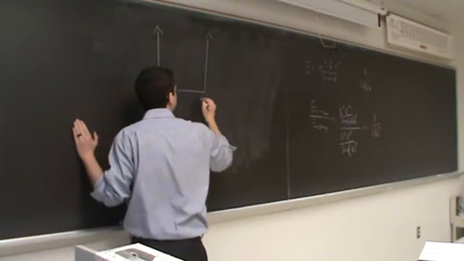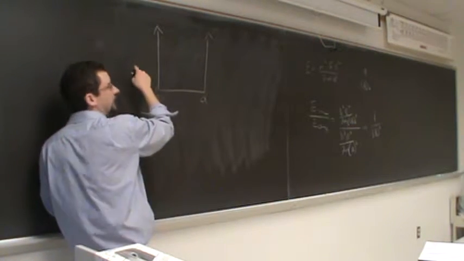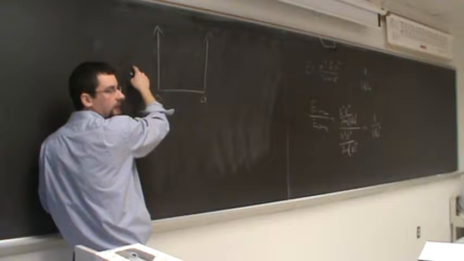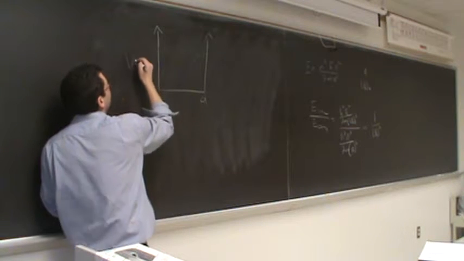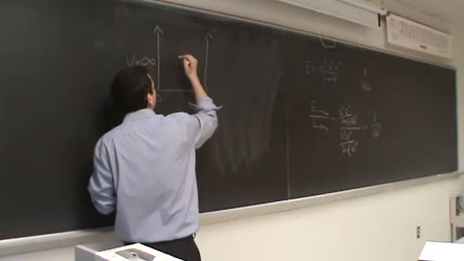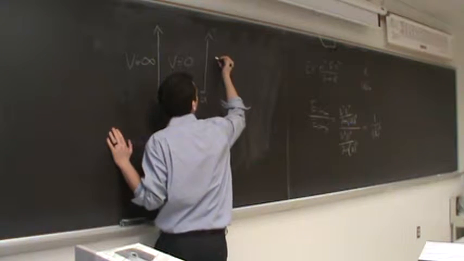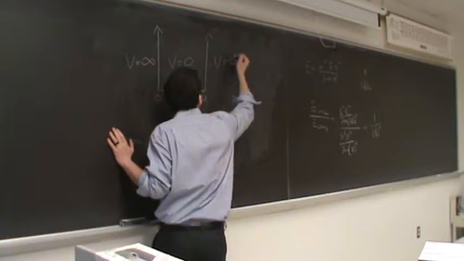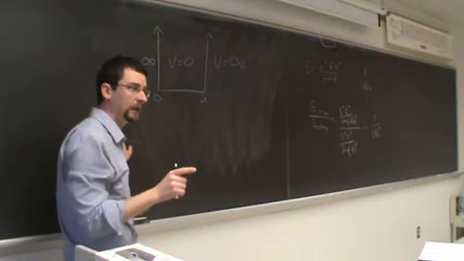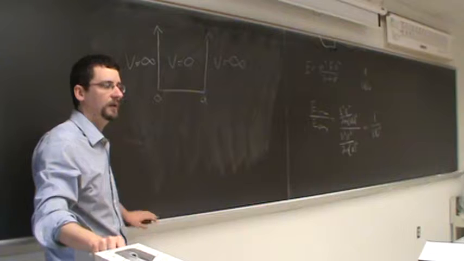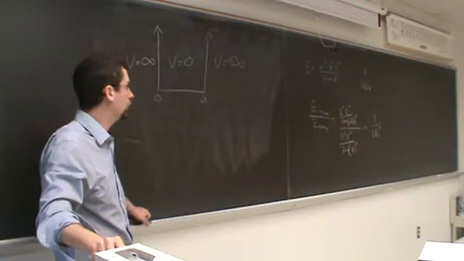This was 0, that was a. What was the potential in the box? 0. Outside of it? Infinite.